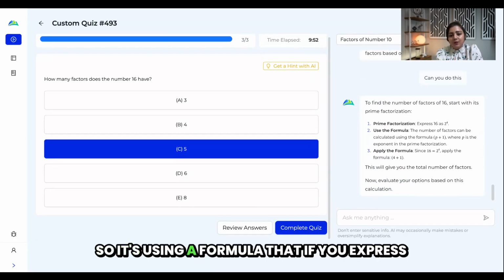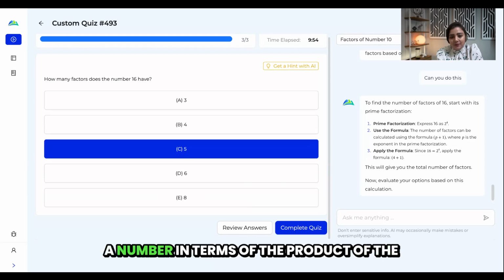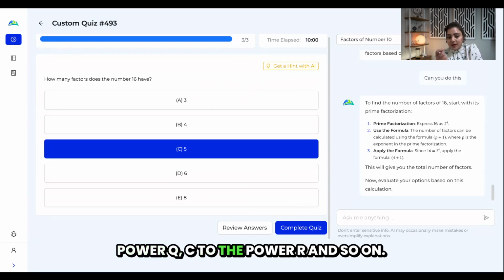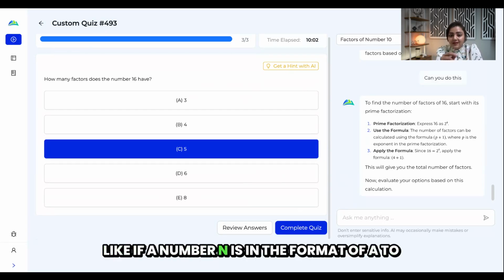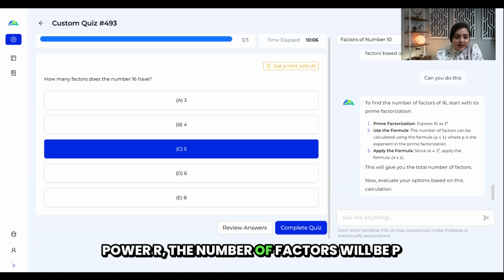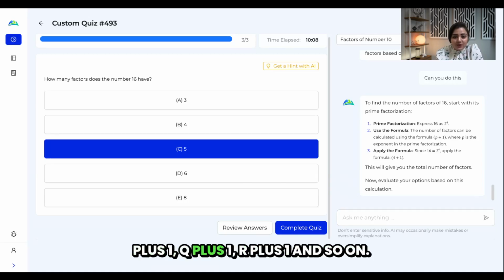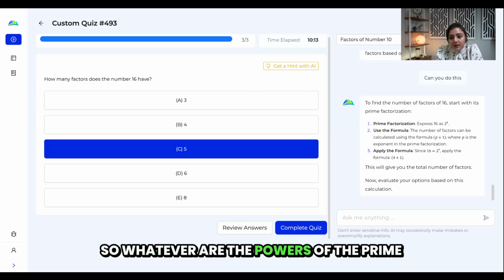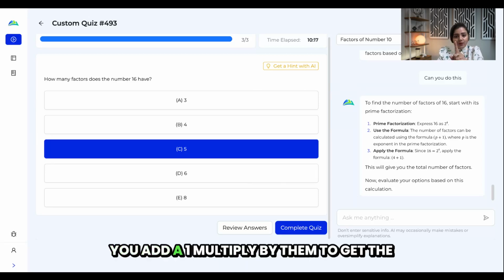So it's using a formula that if you express a number in terms of the product of the prime factors, like if a number n is in the format of a to the power p, b to the power q, c to the power r, the number of factors will be p plus 1, q plus 1, r plus 1, and so on. So whatever are the powers of the prime bases, you add a 1, and multiply them to get the number of factors.